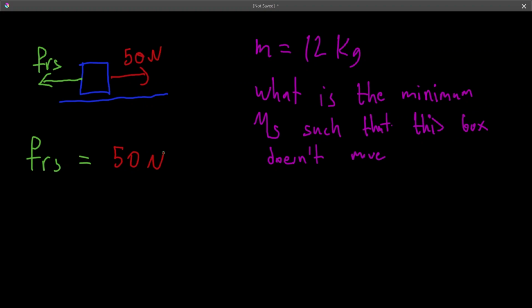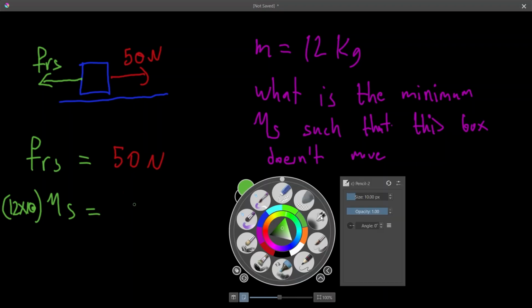You just say, okay, FRS is equal to the normal force times mu s. In this case, the normal force again is equal to mass times gravity. I told you that the mass is 12, so this is just 12 times 10 times mu s is equal to 50 newtons.